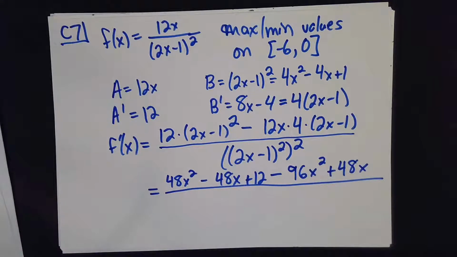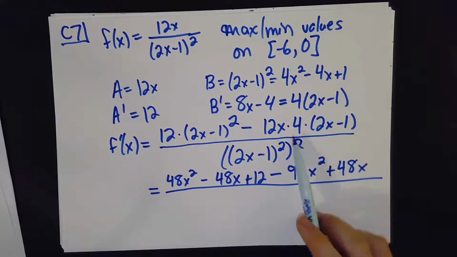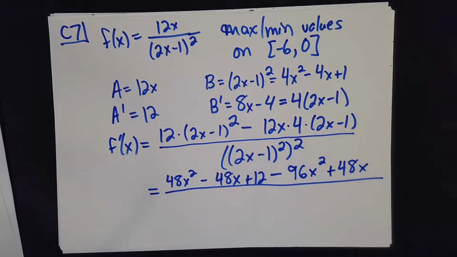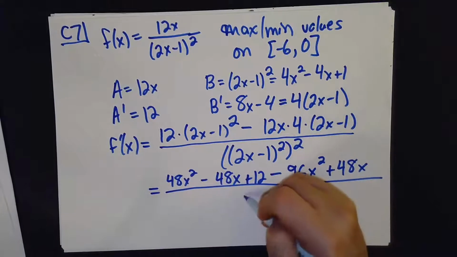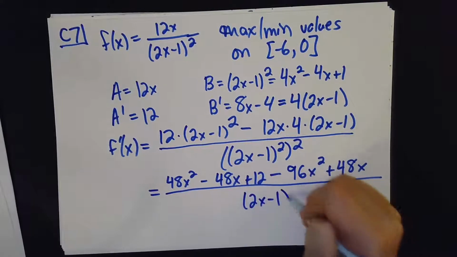Did I do that right? Yeah, that looks right. Okay, so over (2x minus 1) to the 4th.